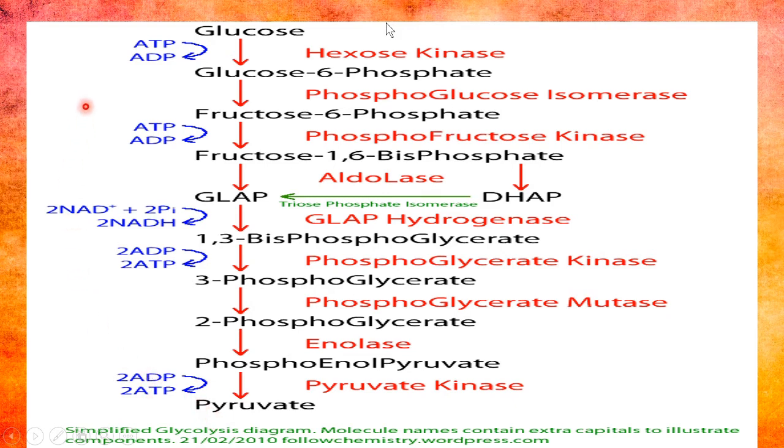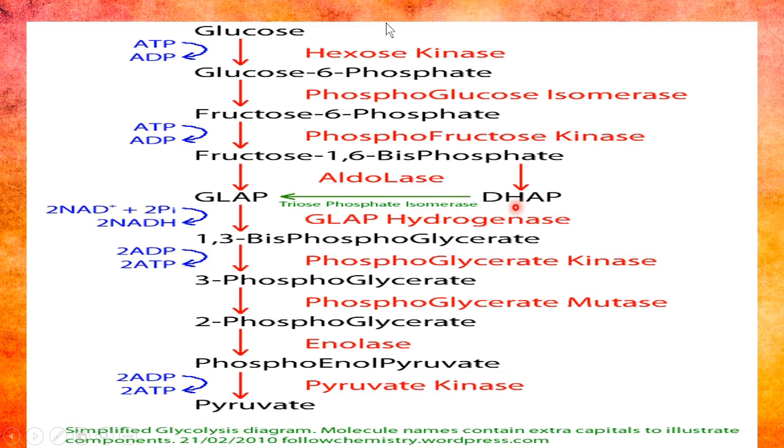Now we see the first phase of glycolysis, the preparatory phase and cleavage. It is the initial phase of glycolysis in which the glucose molecule is activated by phosphorylation and then cleaved into two molecules of triose phosphate, namely 3-phosphoglyceraldehyde and dihydroxyacetone phosphate.